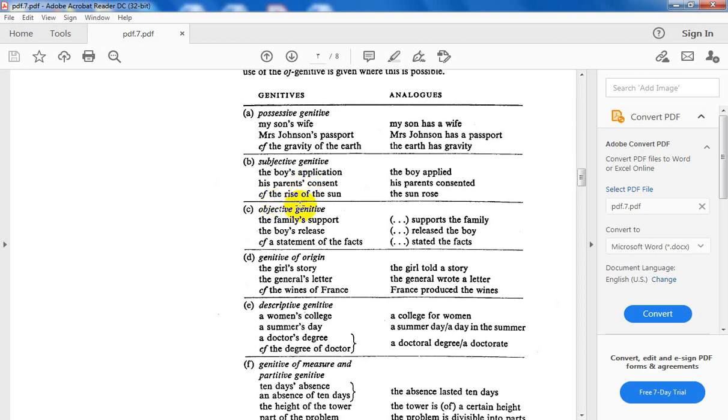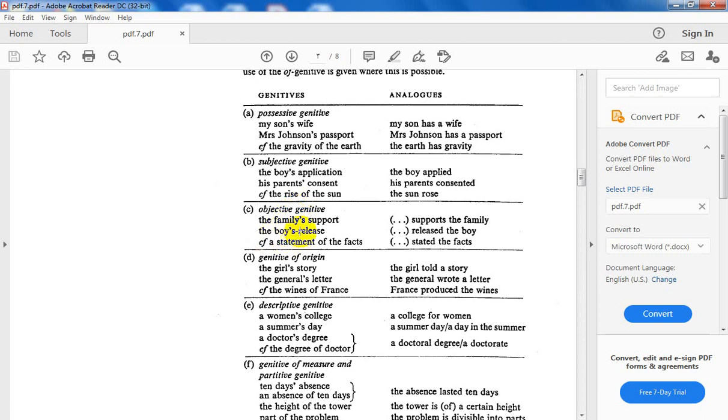But when I say the rise of the sun, I use of. I cannot say the sun's rise. Why? Because sun and rise, both of them are non-personal, non-human.